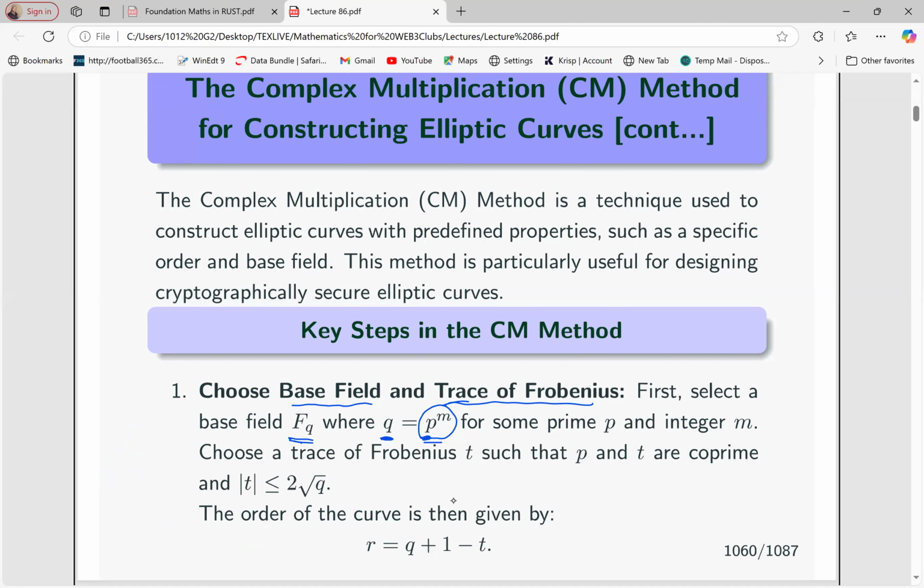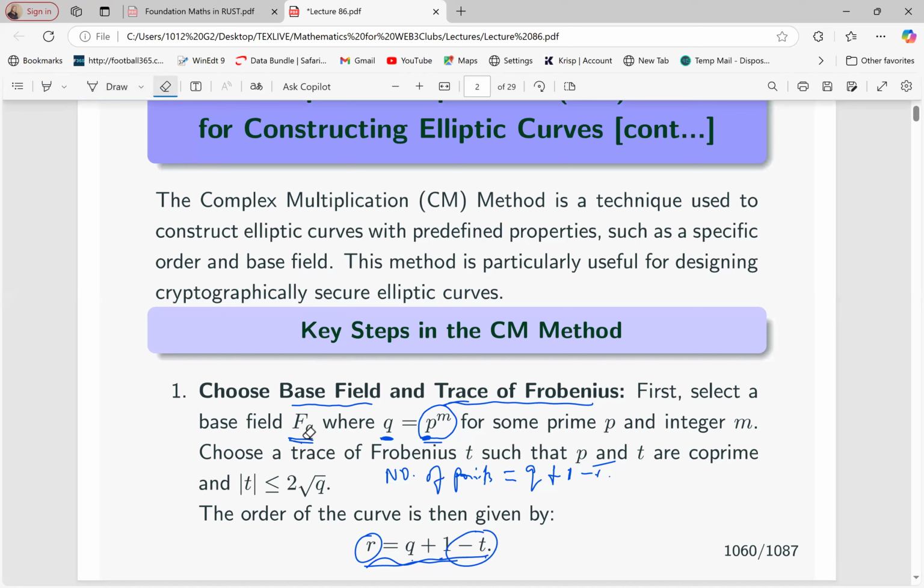And the trace, the way we calculate it, you take the number of points you want. The number of points should be equal to Q plus 1 minus T. The number of points must equal Q plus 1 minus T. So this T, therefore, is what you're calling the trace, and R will be the number of points.